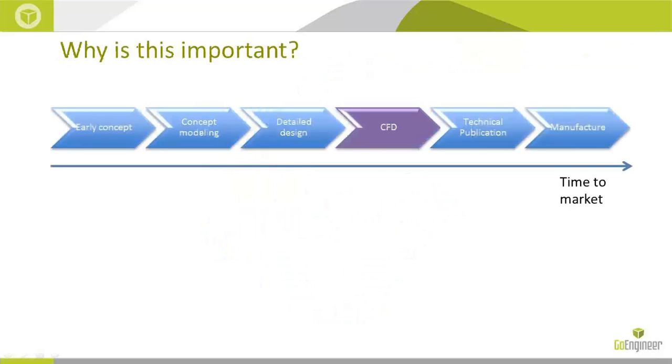So why is all this so important? Traditionally, if you go through concept to manufacture, you start off maybe with a hand drawing or a primitive SOLIDWORKS model. You get into a more advanced conceptual model, you go through several different options, and your group decides on the detailed design that they'd like to proceed with. Then we do analysis, move forward with publications, and then manufacture.